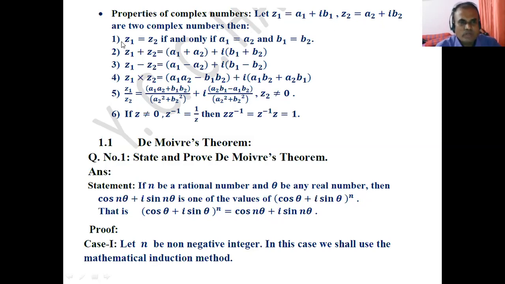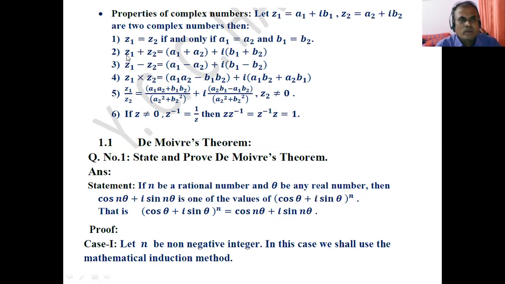Then the first property: z1 equal to z2 means these two complex numbers are said to be equal when their real parts a1 and a2 are equal, and imaginary parts b1 and b2 are equal. Then we say that these two complex numbers z1 and z2 are equal. So this is the first property of complex numbers.